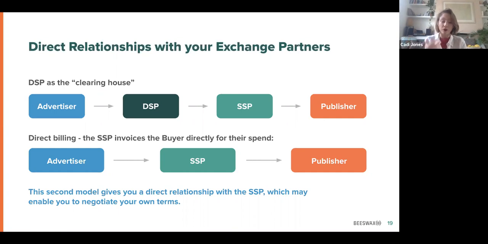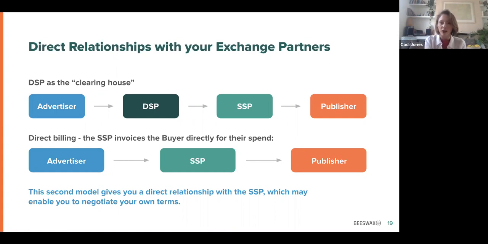What we strongly encourage our customers here at Beeswax to do is to enter into direct relationships with the SSP. While Beeswax handles all of the actual day-to-day bid request and bid response processing, at the end of each month, each of the SSP partners actually sends some of our customers the bill for their spend on that platform. That has real advantages in terms of having a direct relationship with the exchange.